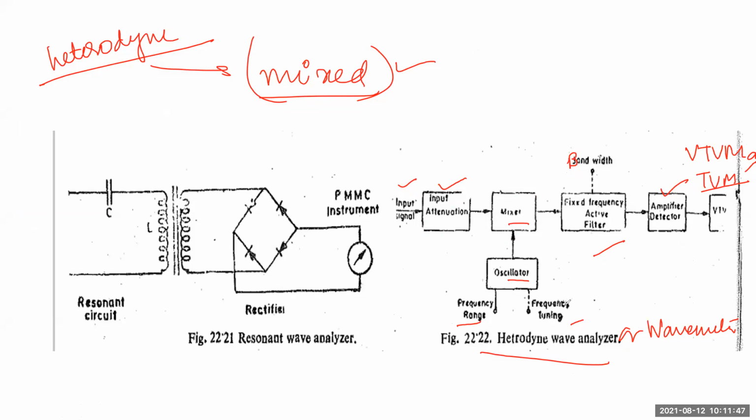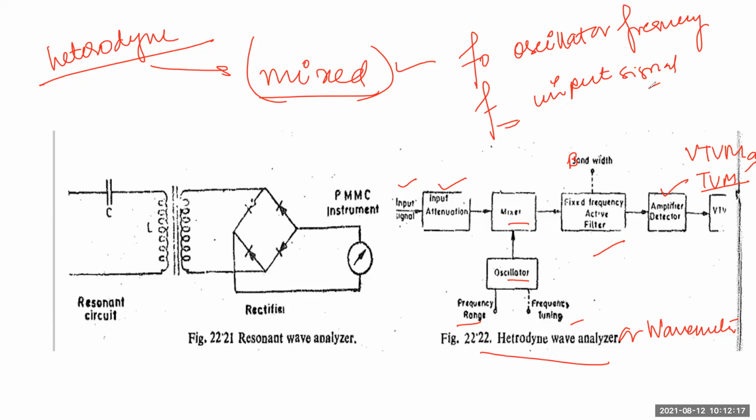In this system, the signal from the oscillator heterodynes with the input signal to produce output having frequencies equal to the sum and difference of the oscillator frequency F0 and the frequency F of the input signal. That is, F0 plus F and F0 minus F.